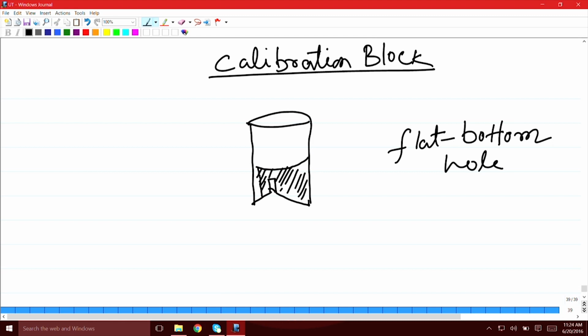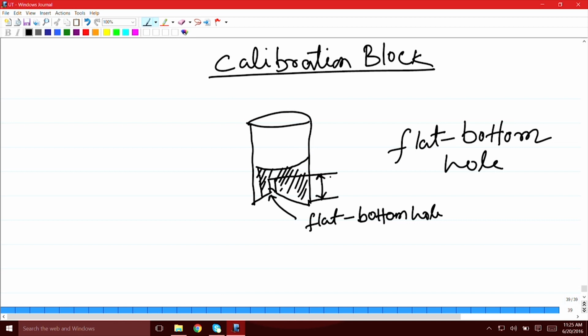Okay, so if you take a section of this cylinder at the bottom, this is where you have this flat bottom hole, and this will have a particular diameter and a particular depth.